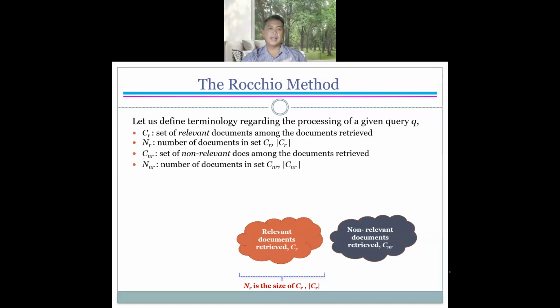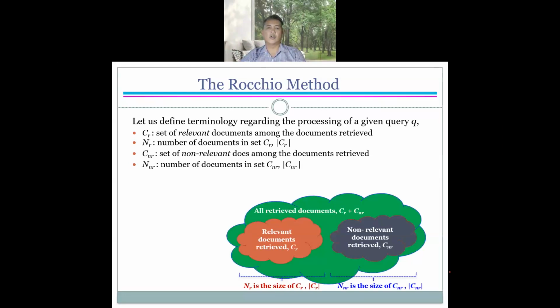Okay, so the capital N subscript NR is the size of the non-relevant document set. And the whole thing is the documents retrieved. So we could have relevant documents and non-relevant documents which are retrieved by your system, and all the retrieved documents are part of a larger collection which is all the documents that we have.